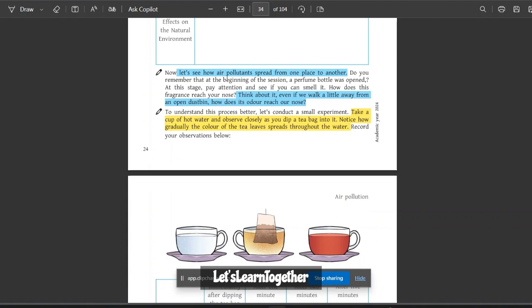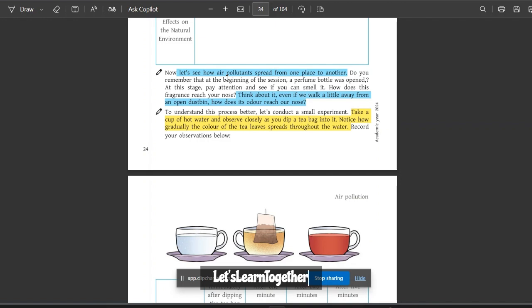And this is how air pollutants also spread, because let's say when the pollutants are released from factories, what happens? They are released in a very dense form, right? So what happens when they come in contact with the outer air, which is not as dense as these polluted airs? At that time these polluted air particles diffuse into the normal air.